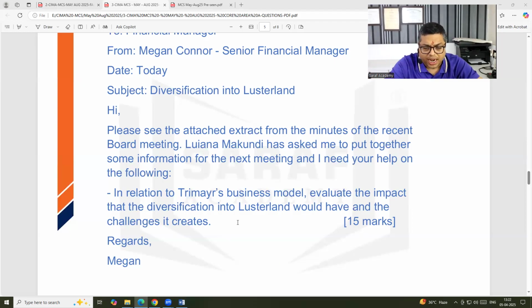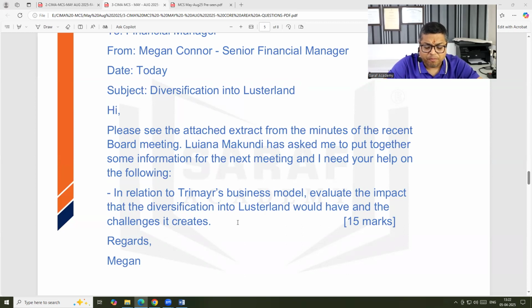So in relation to the Trymere business model, evaluate the impact that the diversification into Lusterland would have. Maybe Lusterland is a new country, new place where we want to take Trymere as our saloon business. Evaluate the impact that the diversification into Lusterland would have.